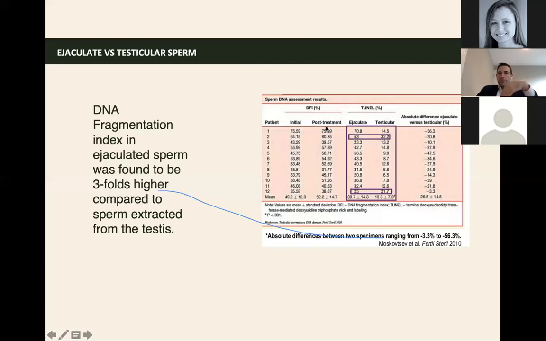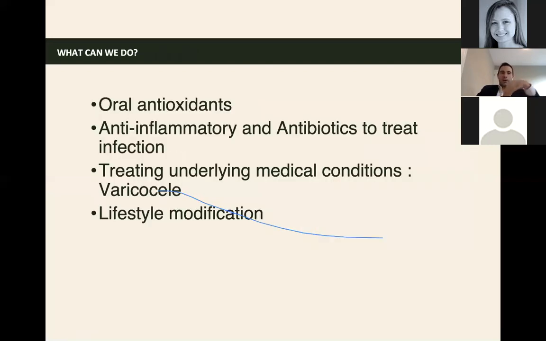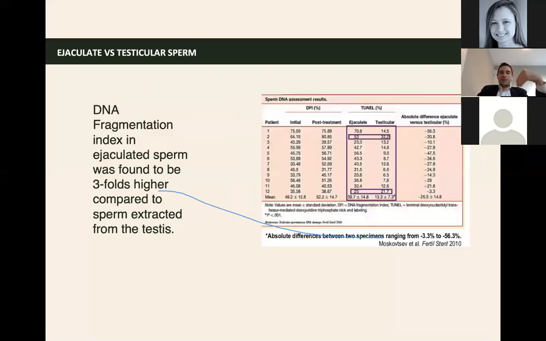So if a man or a couple are going through an IVF cycle and they have a high DNA fragmentation index and they did all of these therapeutic interventions and nothing worked, then there is still a chance to do a surgery and take the sperm that has the least chance of having DNA fragmentation from the testicle itself.